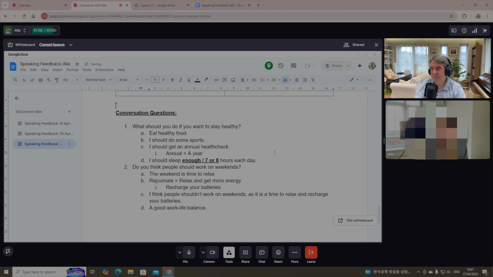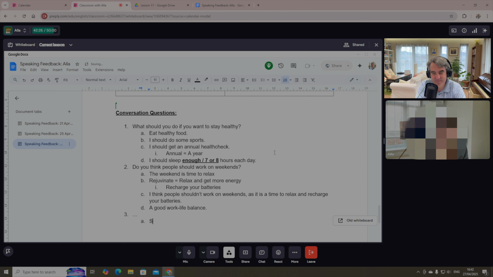What must students do if they want to pass an exam? First thing, go to the exam. But what must they do if they want to pass an important exam?